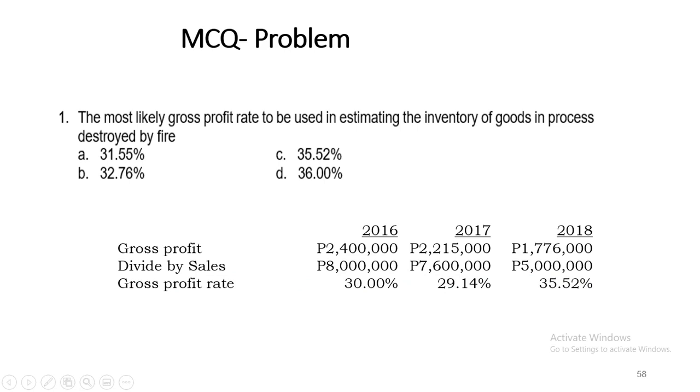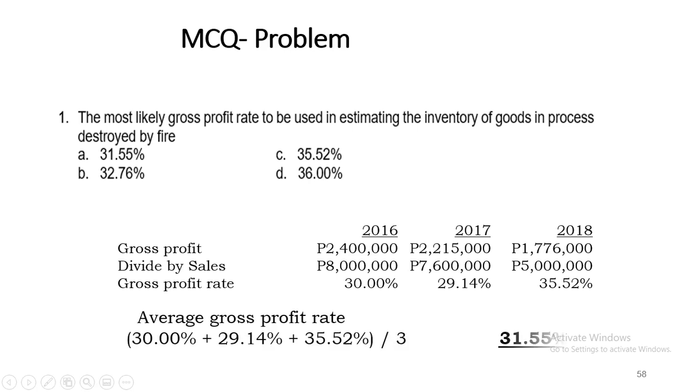So based on these 3 previous years, we can now compute for the average. And the average for 2019 is 31.55%. So the answer for this one is letter A, 31.55%.